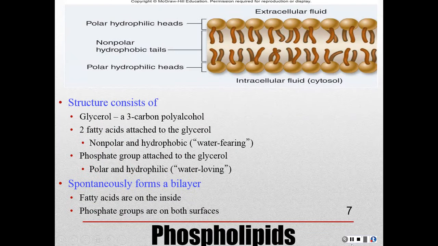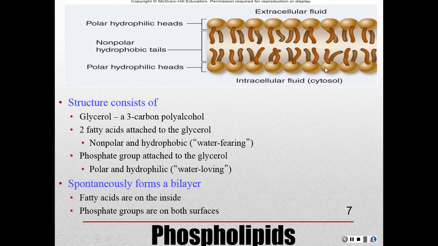When we take a closer look at our phospholipids, we'll look at the structure in detail. As we discussed in an earlier chapter, phospholipids have heads and tails. I also mentioned it two slides back.